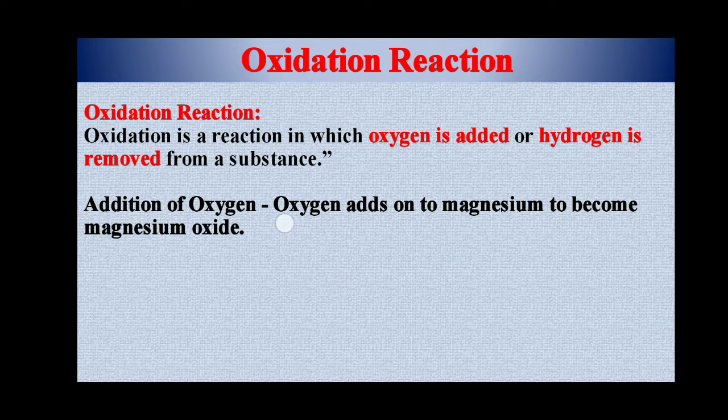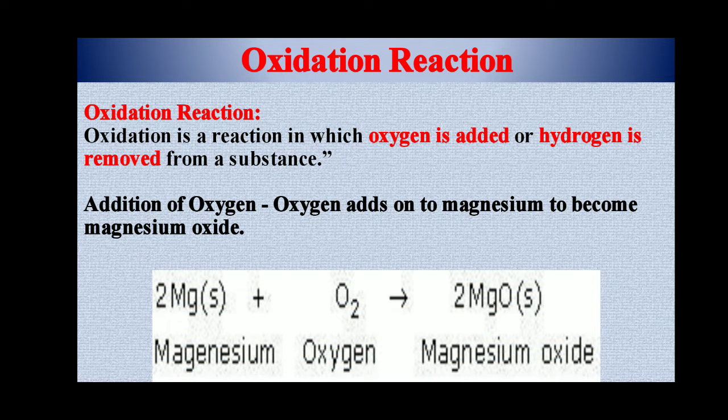I have taken one example: oxygen adds on to magnesium to become magnesium oxide. You can see here 2 molecules of magnesium in solid form react with oxygen, that is O2. Now this oxygen is added to the magnesium and it forms magnesium oxide.